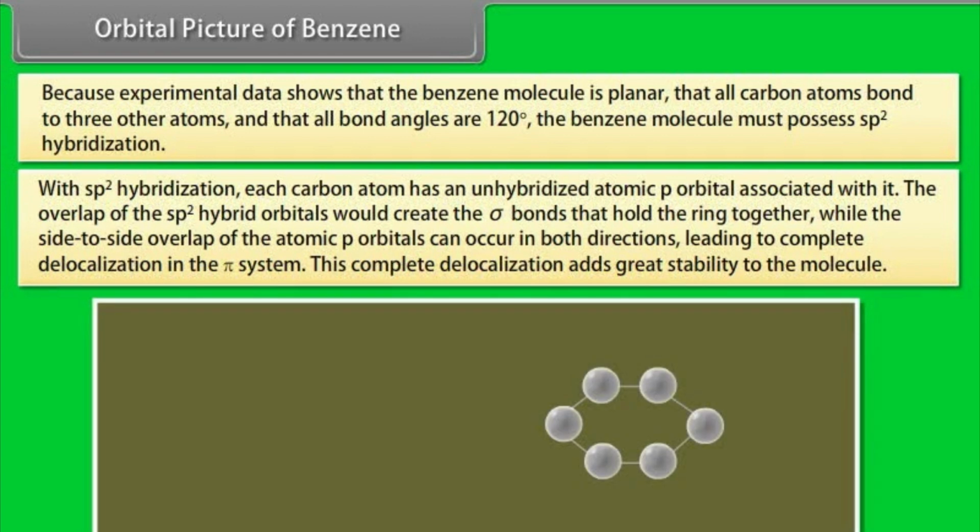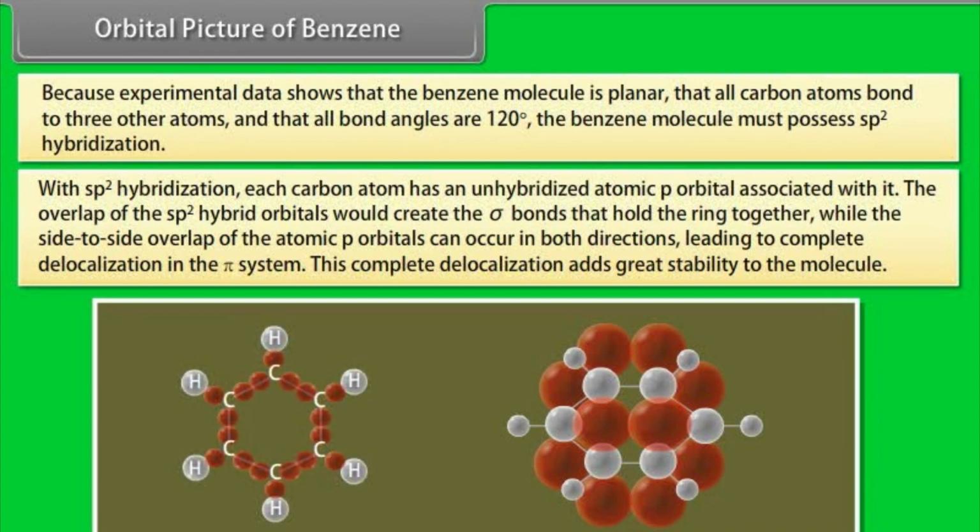The overlap of the sp2 hybrid orbitals would create the sigma bonds that hold the ring together, while the side-to-side overlap of the atomic p orbitals can occur in both directions, leading to complete delocalization in the pi system. This complete delocalization adds great stability to the molecule.